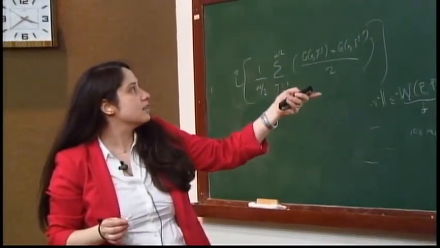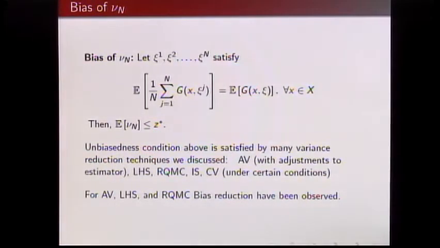So if you just do some adjustments on this quantity here, you have very easy unbiased estimators. Latin hypercube sampling, obviously unbiased, randomized quasi-Monte Carlo, unbiased, importance sampling, unbiased, even if you choose a bad distribution. Control variates, if you use lambda, that scalar that you add to the control variable, if that's a scalar, you can use 1, for example.